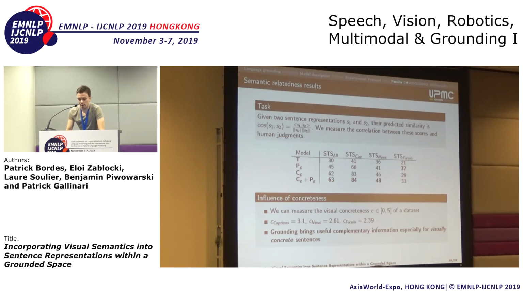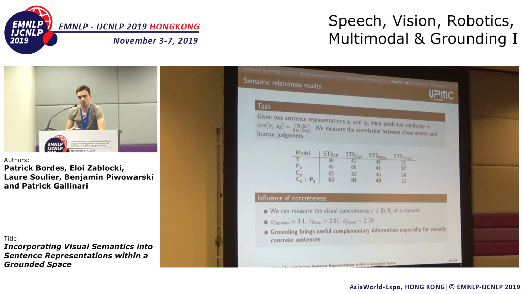So here we have T, the textual baseline, and the last row is our multimodal model. We see that there's a huge similarity gap. We manage a lot to align with human judgments. And we use the STS dataset, which is divided into three sets of sentences: captions, news, and forum. And we computed the concreteness of those datasets.